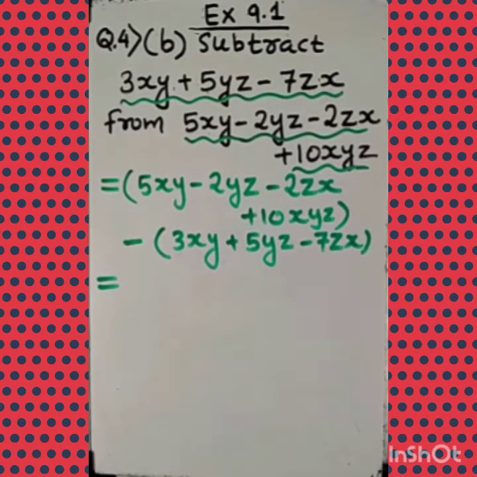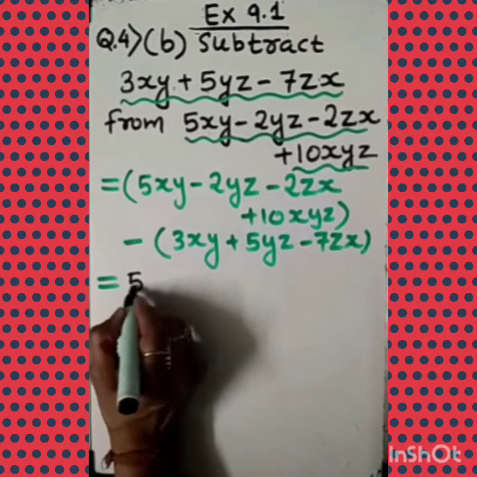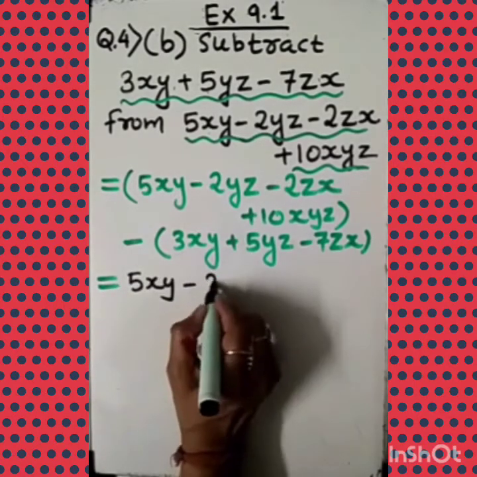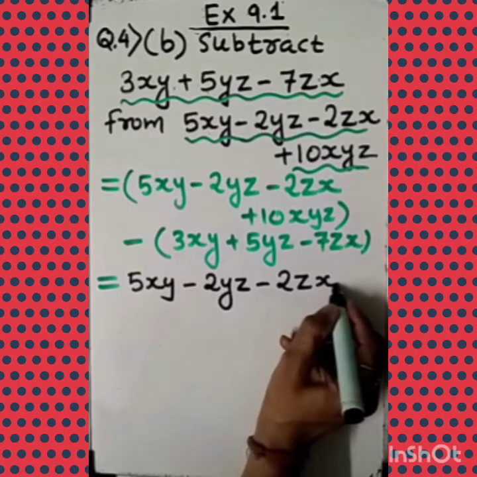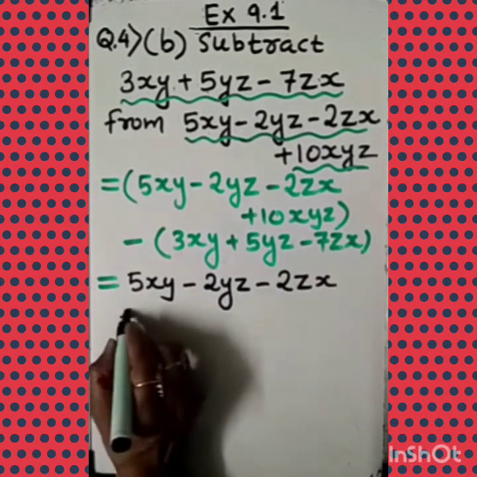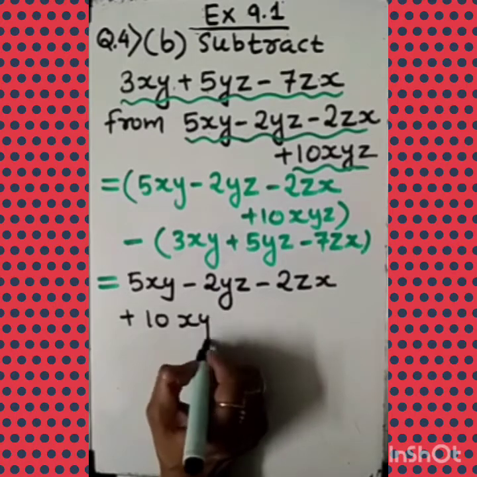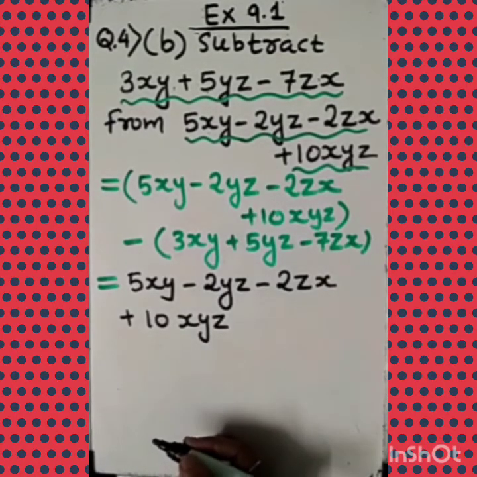If I ask you to open the bracket now, it will be 5xy minus 2yz minus 2zx plus 10xyz. This is already in the first expression.